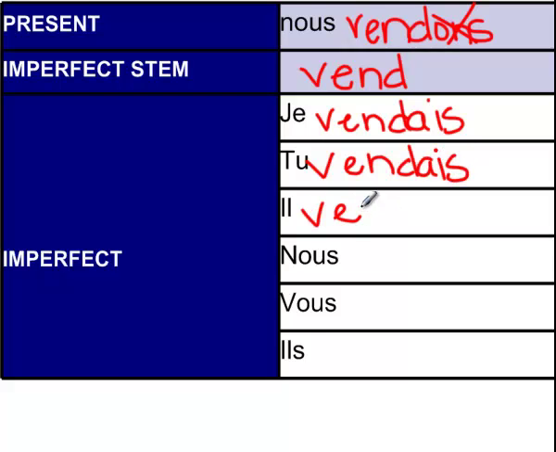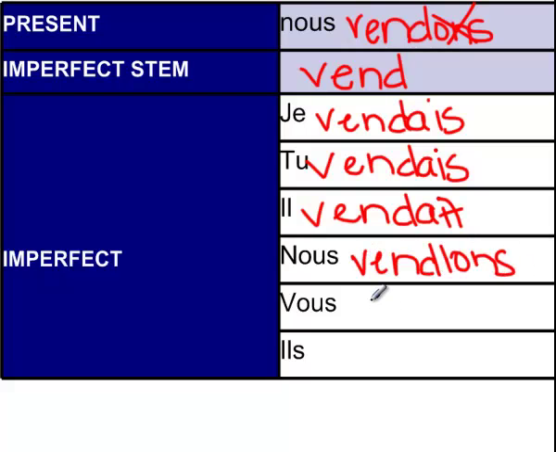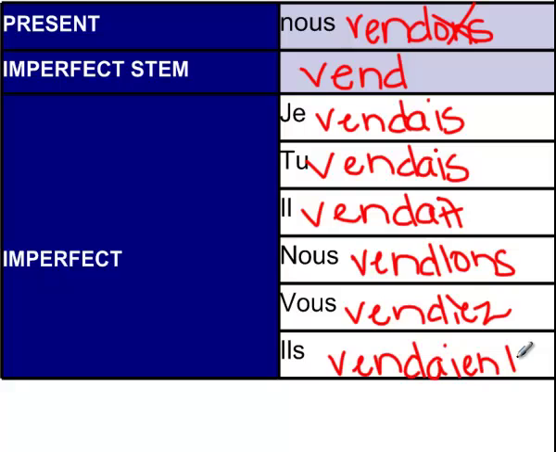He was selling would sound the same, il vendait; we would just spell it with a T on the end. We were selling, nous vendions. Vous vendiez. And ils or elles vendaient for the ils and elles plural form.